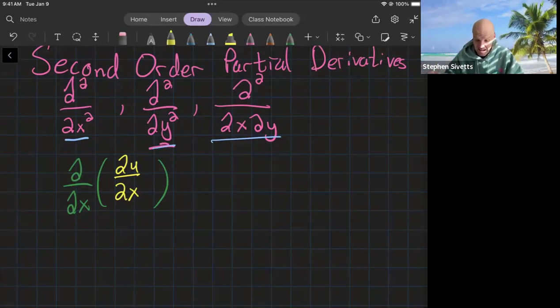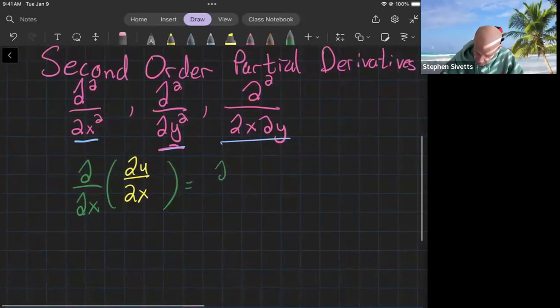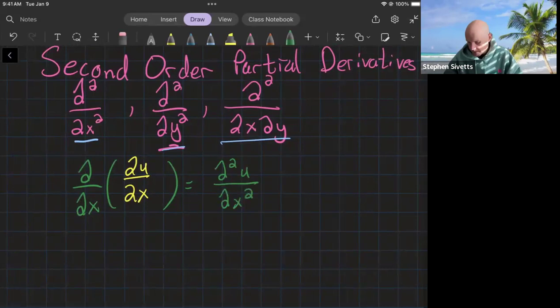So we differentiate that, and we can write this out as the second derivative of u with respect to x. Okay.